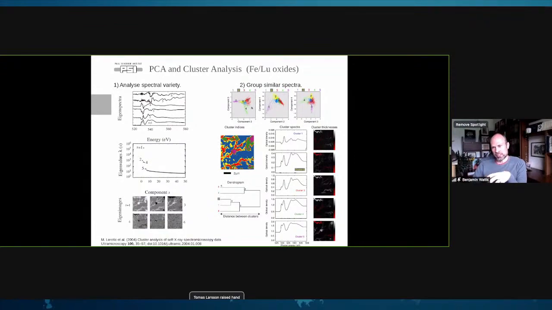So here we see in the upper right some illustrations of how these different clusters are spread out. And there's an algorithm that will sort of draw boundaries between them and say how they're separated. And then from that, we get a map showing where these different clusters are spatially located, and we get the spectra of what they are looking like.